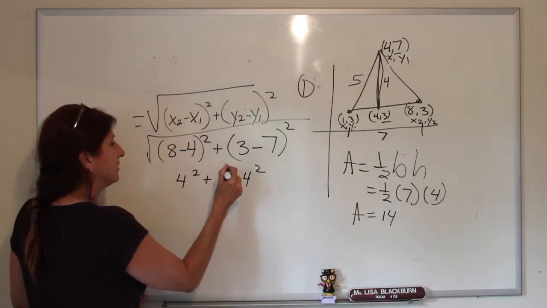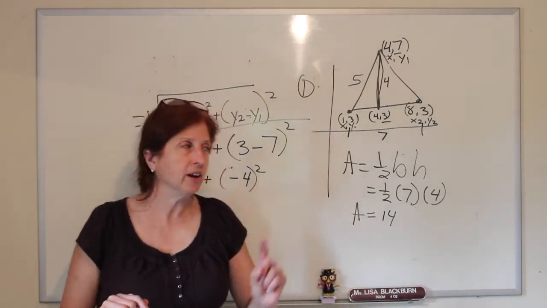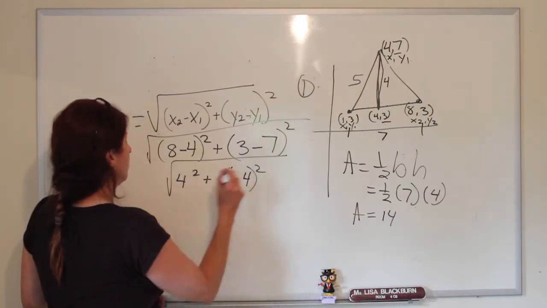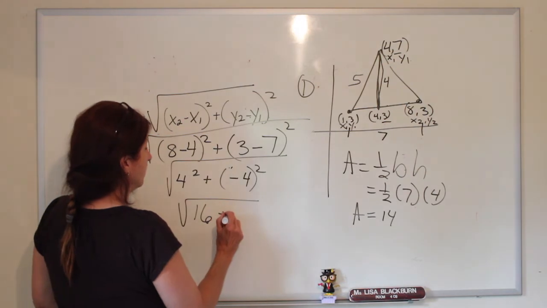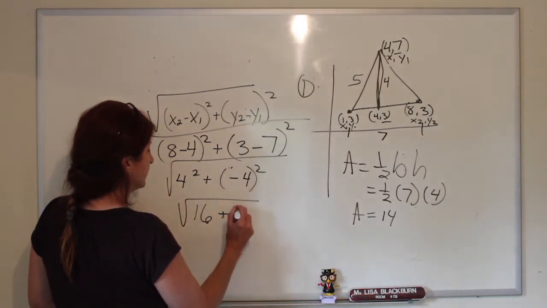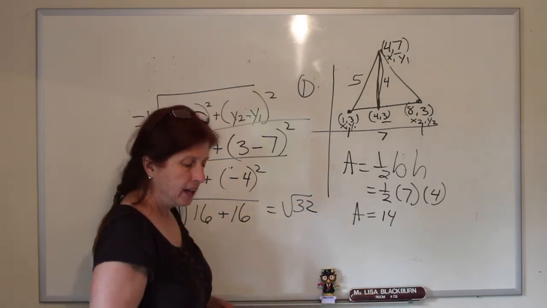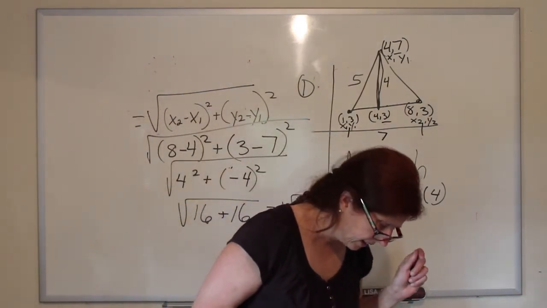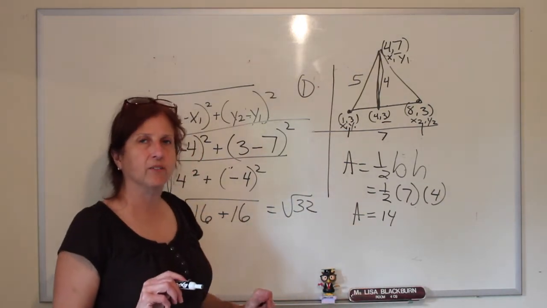But that negative is going to go away because negative times a negative is, that's right, positive. Okay, so this is the square root of 16 plus 16 is the square root of 32. And they left it like that, didn't they? Yeah, okay. So now, do you remember how you get things out of a radical?